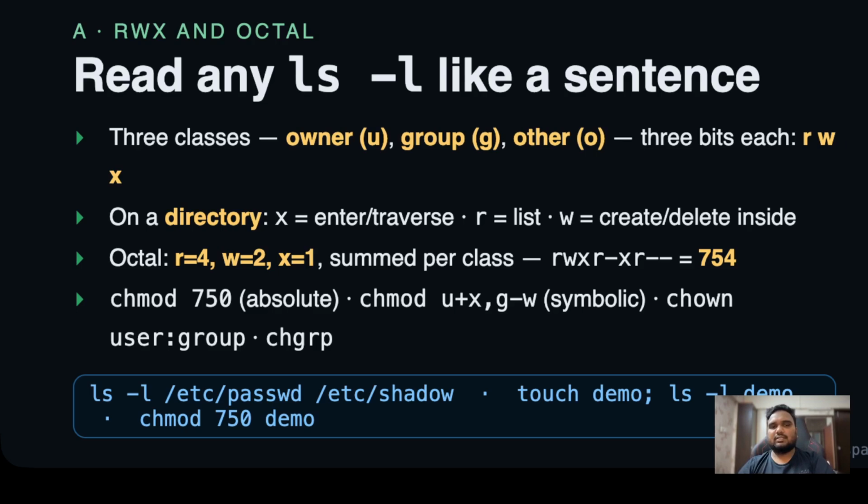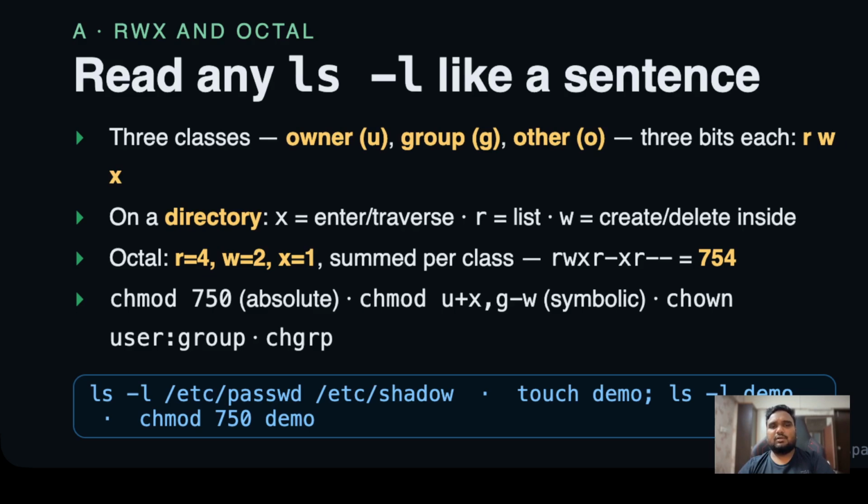These are the 3 classes, and for each class, there are 3 bits: the read bit, the write bit, and the execute bit. We simply call them r, w, and x. For each class, rwx times 3 becomes the 9 bits in total. That is the whole left-hand block you see when you run ls -l.